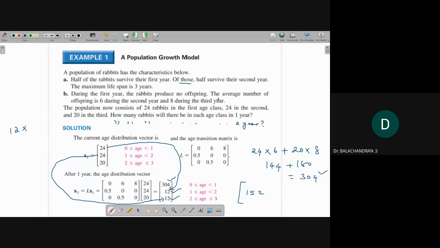The average number of offspring is 6 during the second year, and 8 during the third year. So 12 into 6, plus this 12 into 8. 8 during the third year.